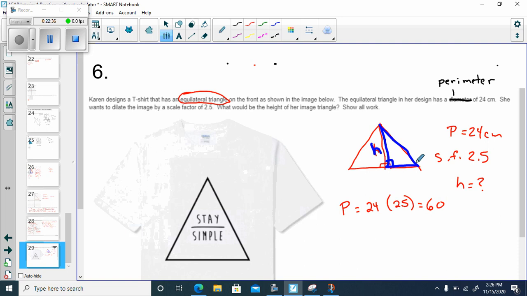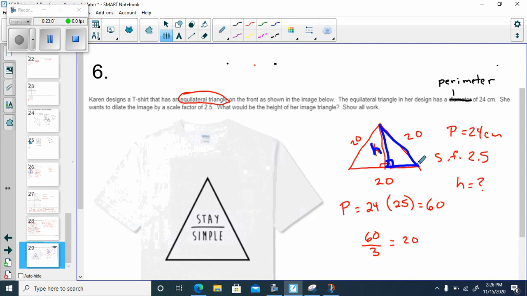If all three sides add up to 60, how do I find the length of just this one? They're all the same, right? Wouldn't I say 60 divided by 3? And if I do that, wouldn't each side be 20? Okay, so this is 20 and that's 20.